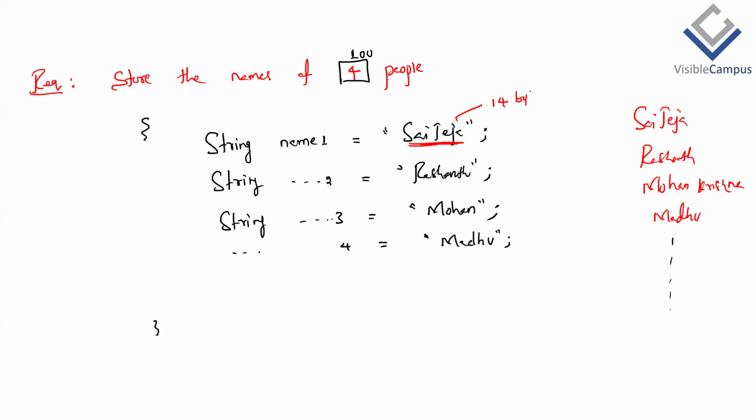Rashant will occupy 16 bytes of memory, Mohan will occupy 10 bytes, and Madhu will occupy 10 bytes. Will this change? No, this will not change. In whichever format you store, a name has certain characters and each character takes 2 bytes of memory, and that's the memory consumption for each value.